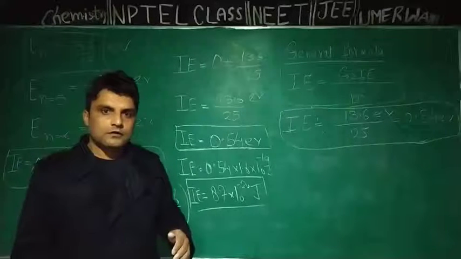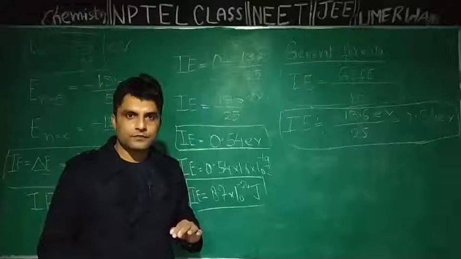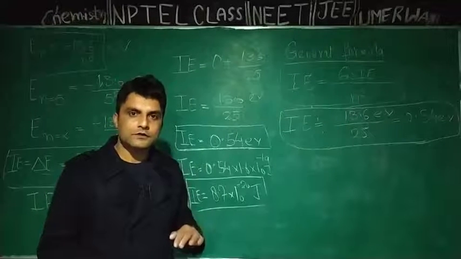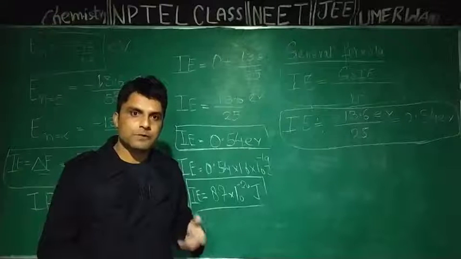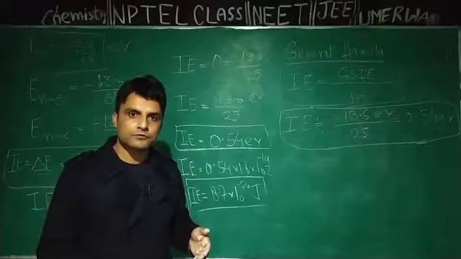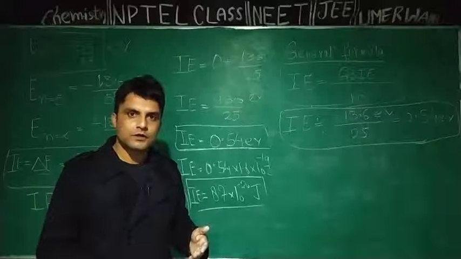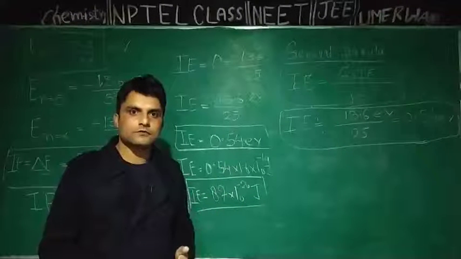But the idea is that on its return the electron can follow multiple paths, a number of routes during its return from n equal to 6 to n equal to 1.